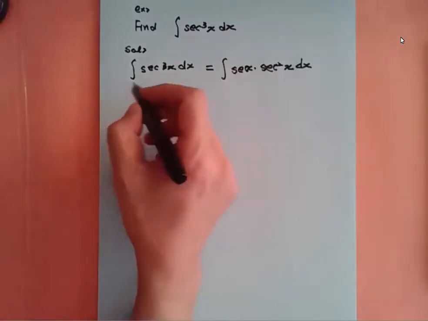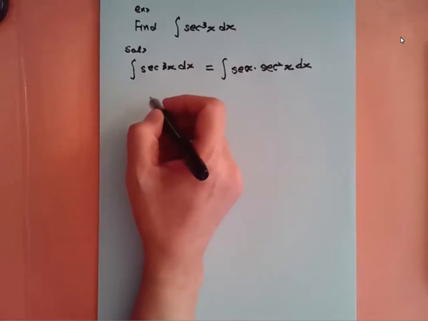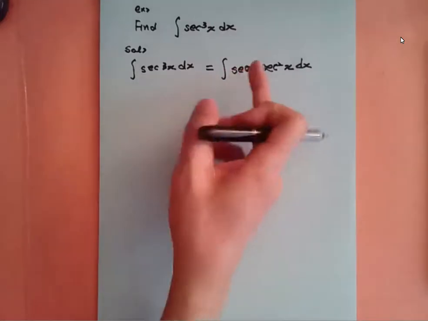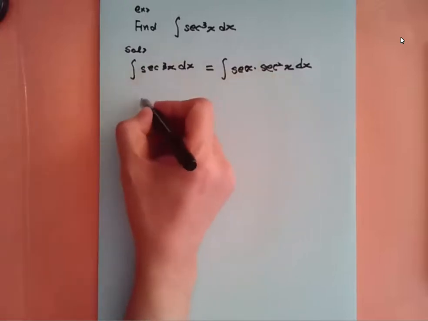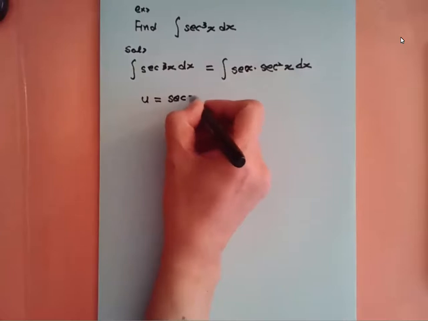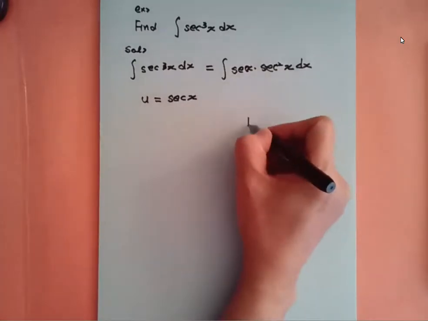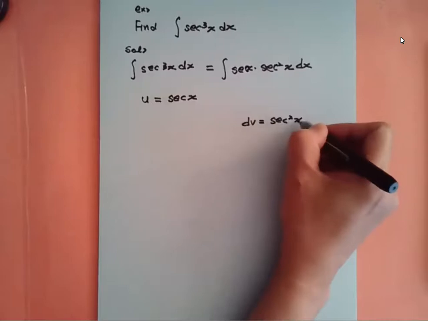What we will do is integration by parts, putting this one as u and this one as dv. u is set as secant of x and dv is set as secant squared of x dx.